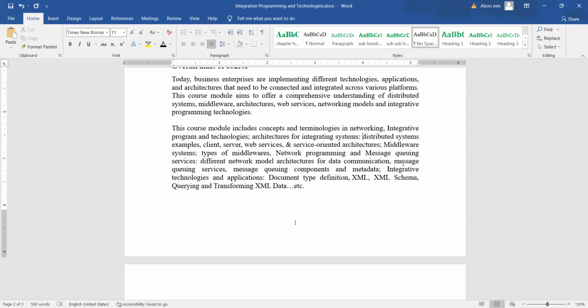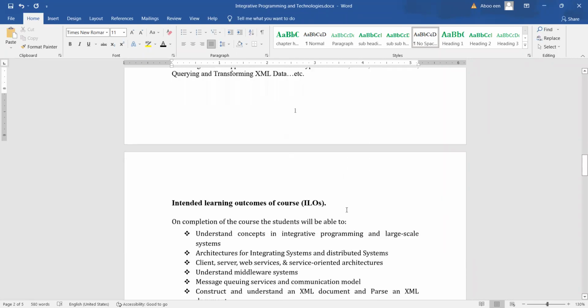So these are the areas we are going to discuss in this subject.